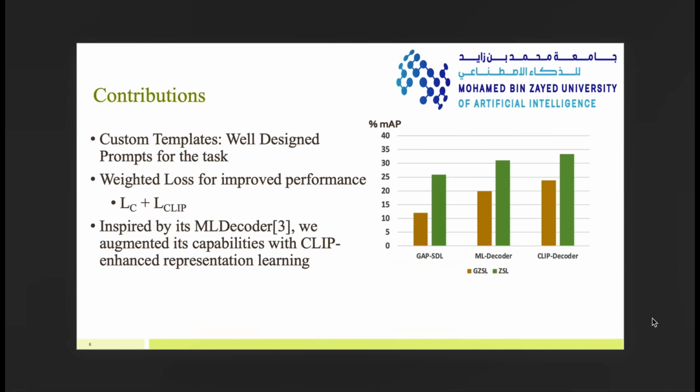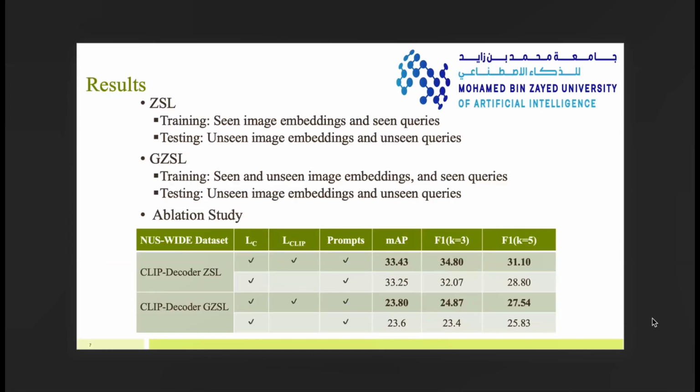The clip loss tries to improve the similarity between the textual embeddings and the visual embeddings, while the cross entropy tries to reduce the difference between the predicted labels and the ground truth labels. As we can see, we got improved results. This is our evaluation study in which we use the cross entropy loss and also the clip loss, and using prompts, and we get these results.